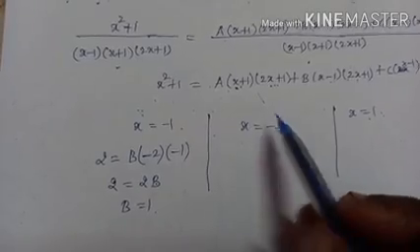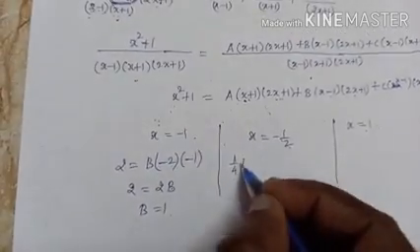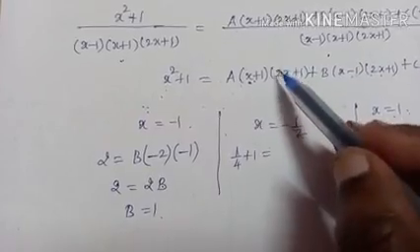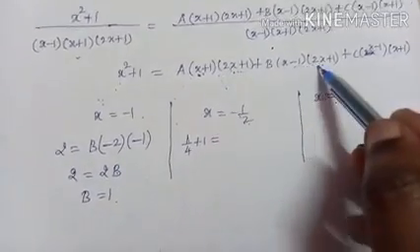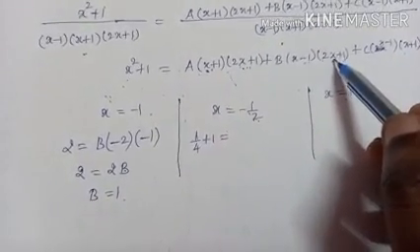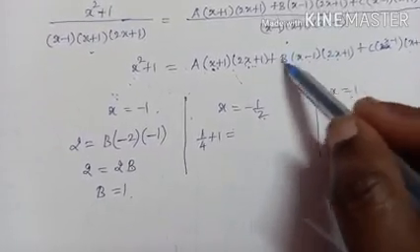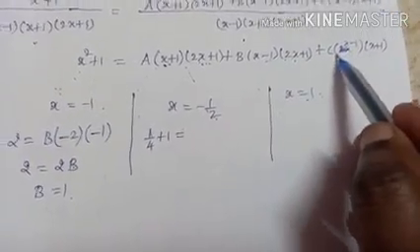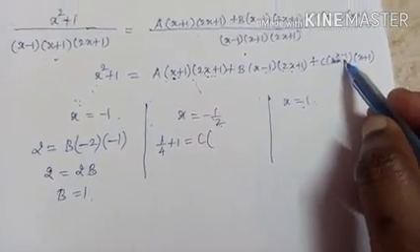Similarly, put x equal to minus 1 by 2. Minus 1 by 2 the whole square is 1 by 4 plus 1. When you substitute minus 1 by 2, 2 get cancelled. Minus 1 plus 1, 0. This term vanishes. Similarly, minus 1 by 2 for x, 2 get cancelled. Minus 1 plus 1 is 0. This term will become 0. So this is the only term which will exist. C into minus 1 by 2 minus 1.